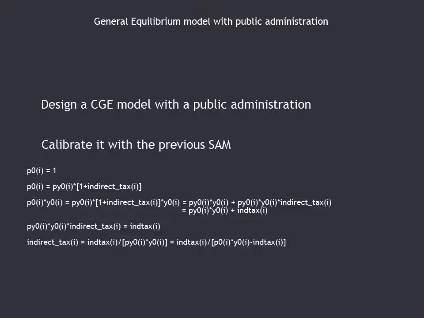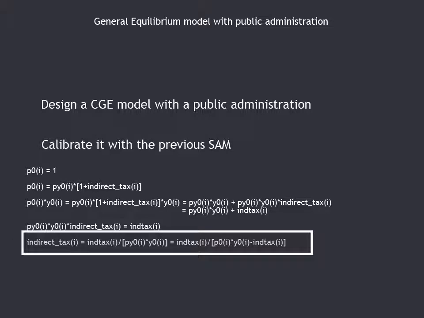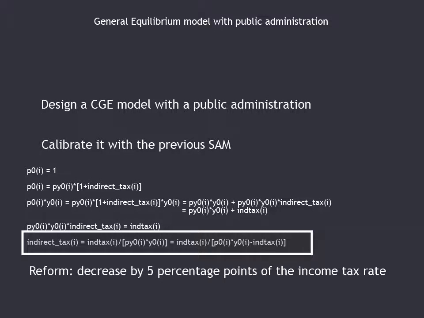And so you can in fact derive from this the calibration of the rate of indirect taxation in sector I. So indirect underscore TAX in sector I is equal to the amount of taxation collected in sector I, IND-TAX in sector I, over Py0 in sector I times Y0 in sector I. The problem with that is that you do not know Py0, you only know P0.